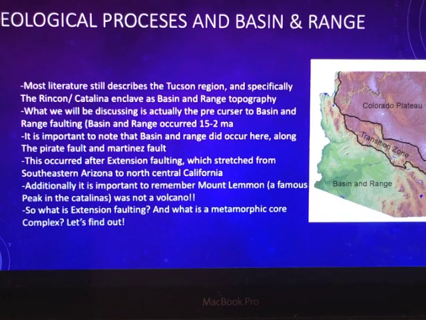You do see the classic 60-degree angle of lift on these two faults, but these mountains were created by what is known as a low-angle extension detachment fault, or simply an extension fault. This occurred between 18 and 25 million years ago. Extension faulting occurred from southeastern Arizona all the way to central California.